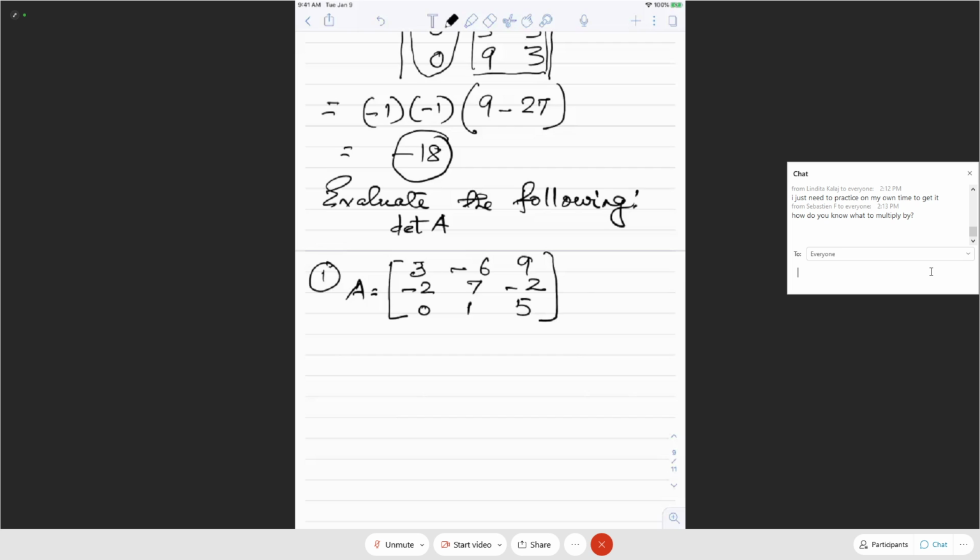Now you can do this by a cofactor expansion, but that is a little complicated. That is something that you have to do if I ask you to find the inverse, then you have to find all that using the adjoint and all that. But you see, this is easy.